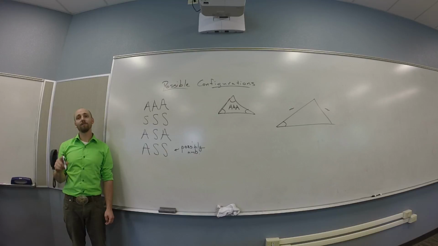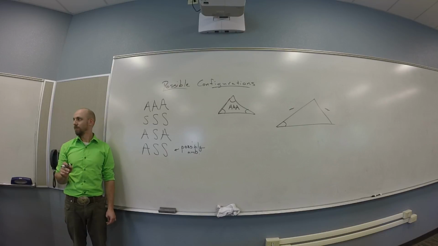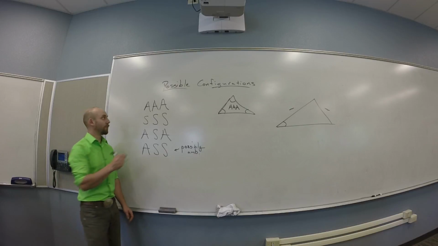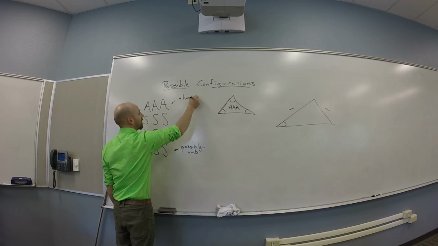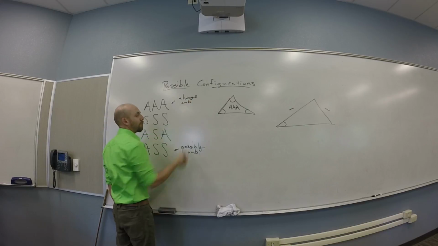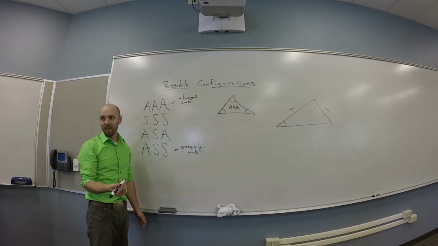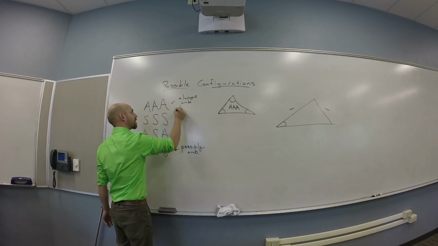I can figure out the relative scales of the sides, but I cannot figure out an absolute scale. So this one is always ambiguous, but it's only ambiguous up to scale.